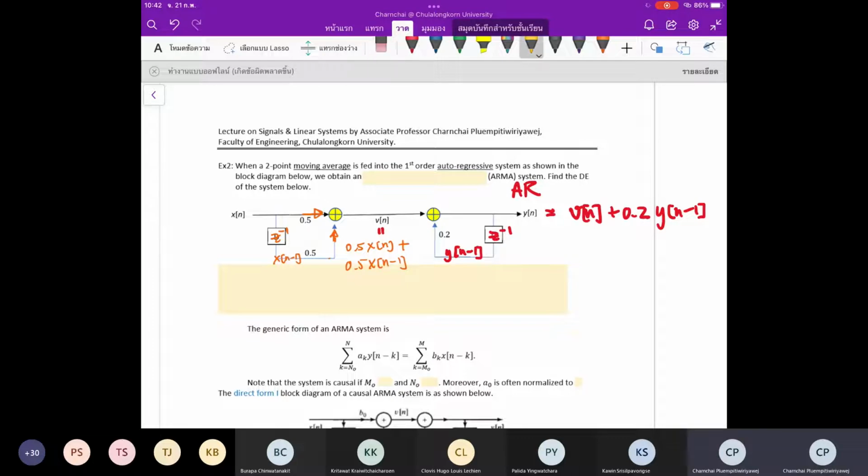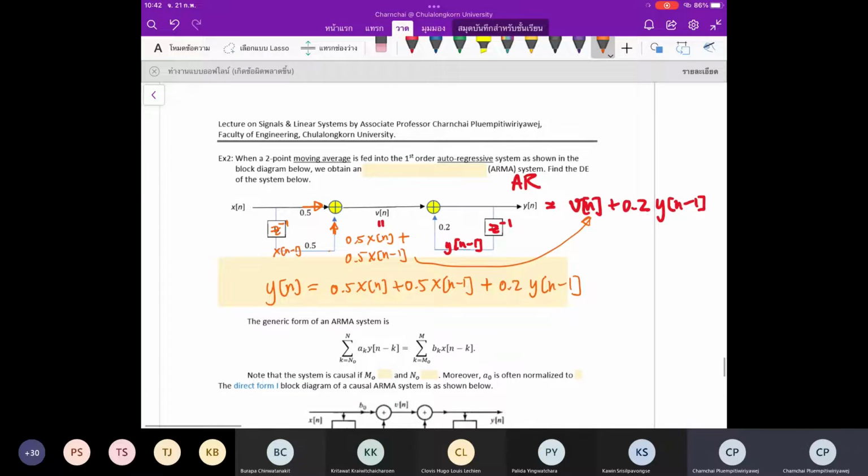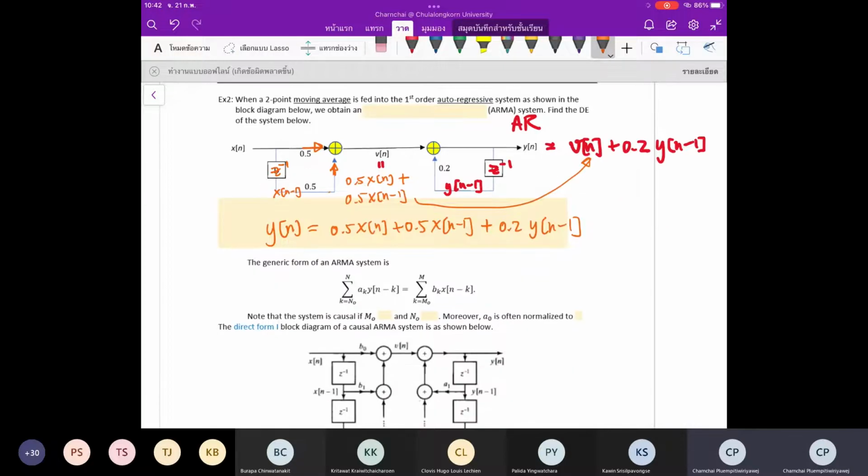Therefore, we put v[n] here and substitute in here. We're going to get y[n] equals 0.5 x[n] plus 0.5 x[n-1], and then plus 0.2 y[n-1]. This is our ARMA system.